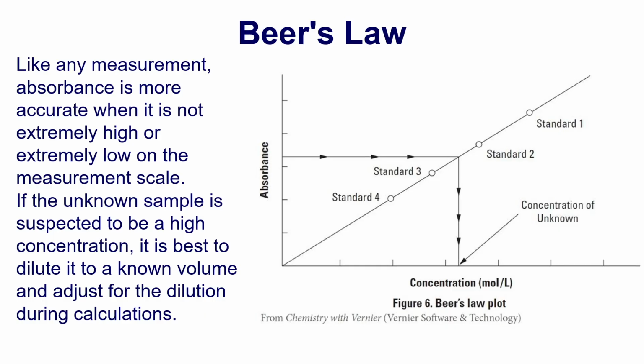So maybe dilute it in half so that it's 50% of the actual concentration. And then when you find the concentration, you can double it to know the actual value. So probably beyond what they would ask. I haven't seen a question like that, but this does come from the chemistry with Vernier information, and a lot of Vernier materials get used on the AP exam.